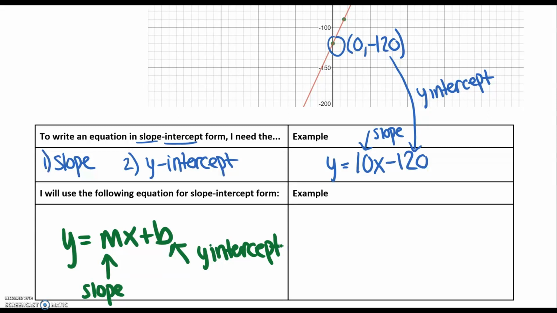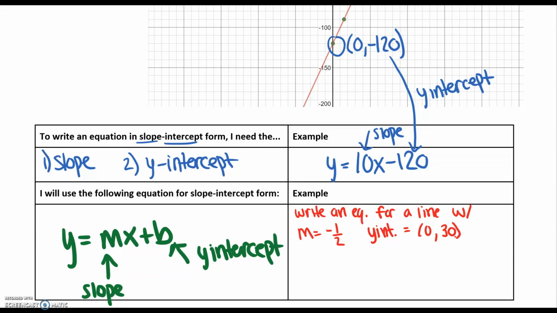Another example, I'm going to make one up here, and you should write this down. Let's say you want to write an equation for a line with slope, or m, of negative 1/2, and a y-intercept at (0, 30).